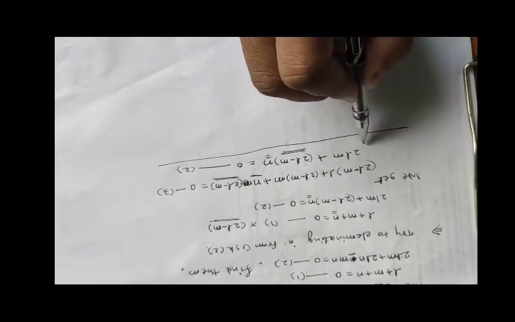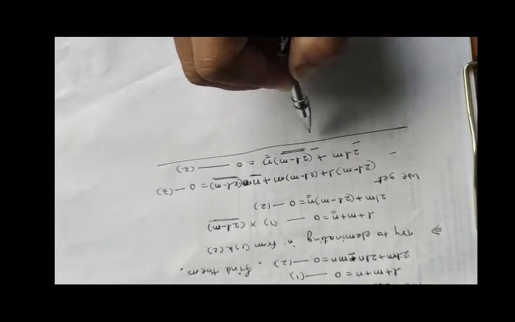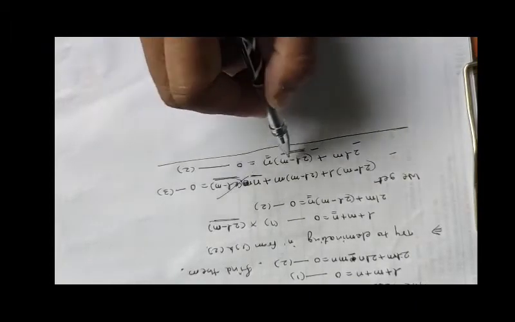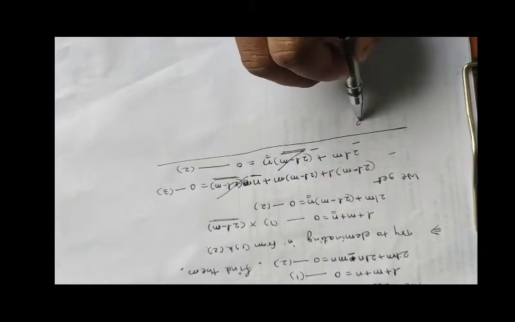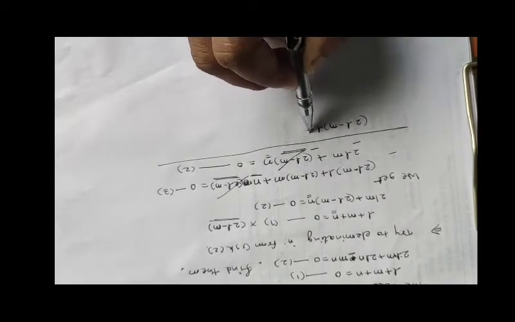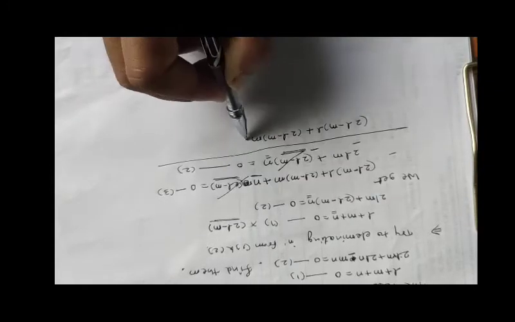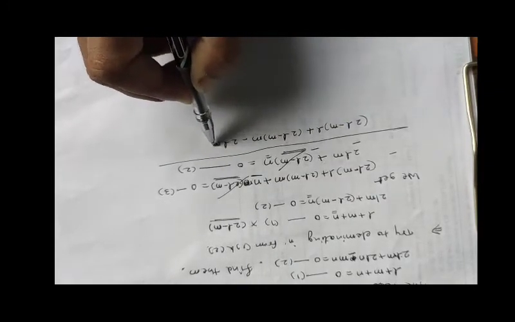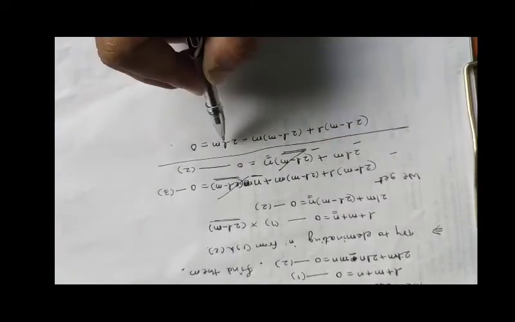So subtracting this equation, the n terms get cancelled, and the remaining terms are (2l minus m) into l plus (2l minus m) into m minus 2lm equal to 0. This is a new equation.